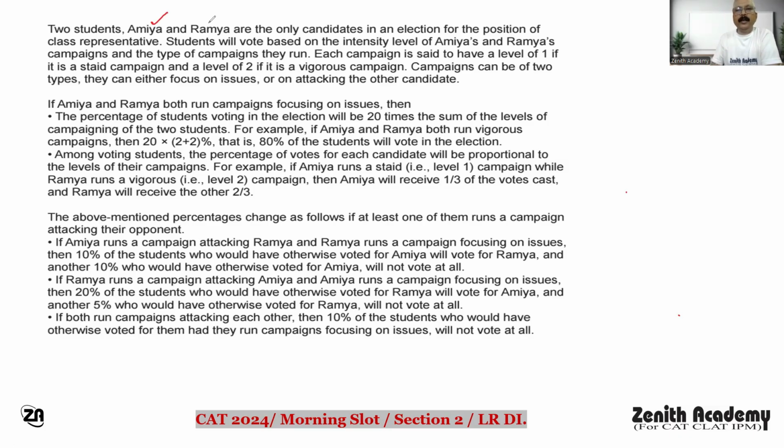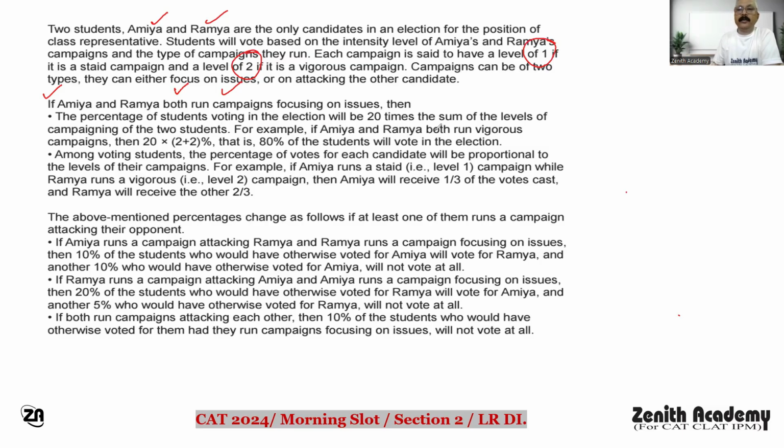Both Amya and Ramya are running campaigns, of two types: level 1 and level 2. Campaigns can be either based on focusing on issues or on attacking the other candidate. So first, if Amya and Ramya both run campaigns focusing on the issues, then the condition is given.